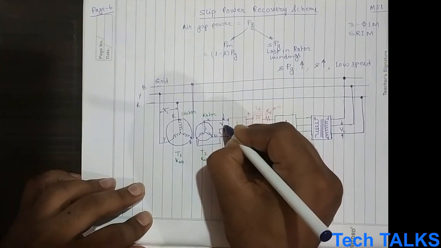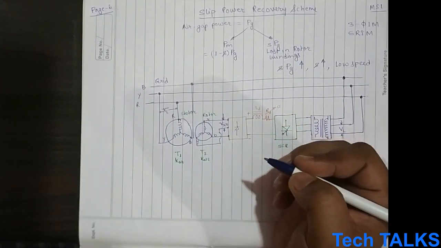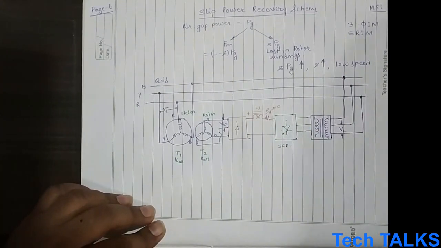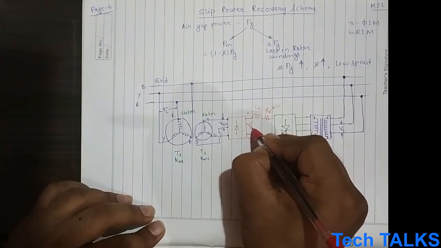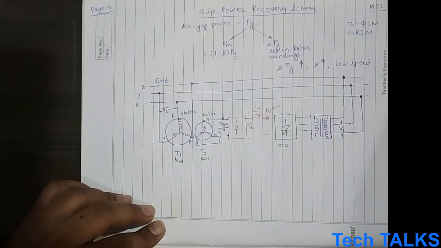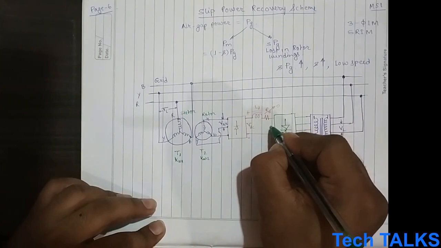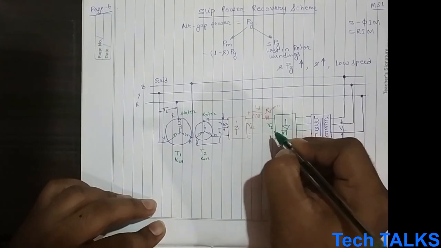That is the line voltage of the rotor, VRR. This side voltage we will be referring to as VDC, and this side voltage we will be referring to as VI, the inverter voltage.